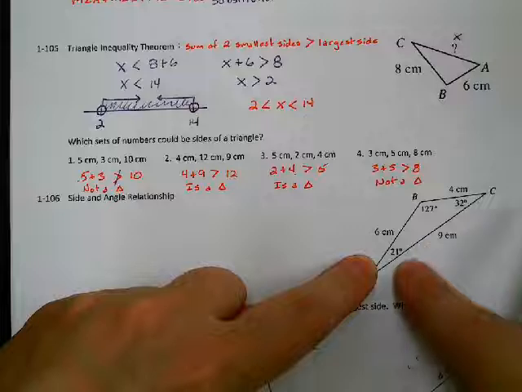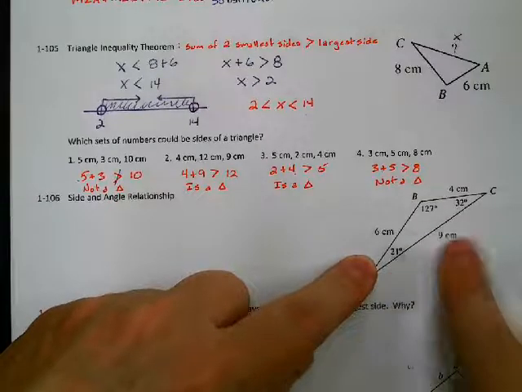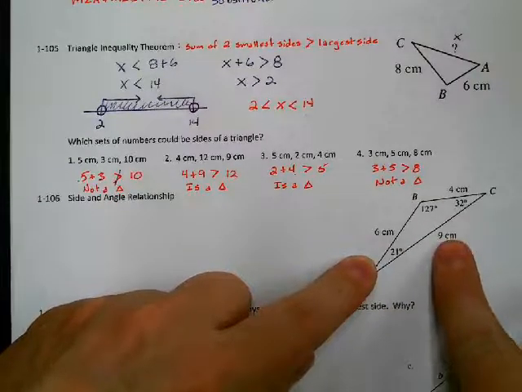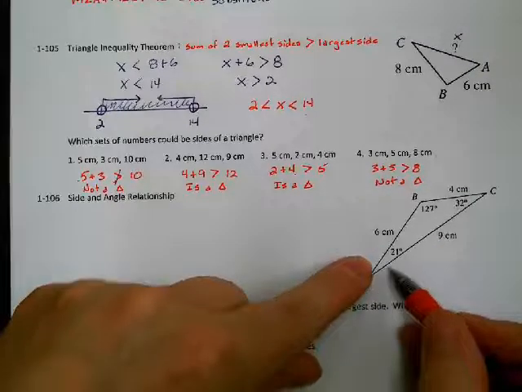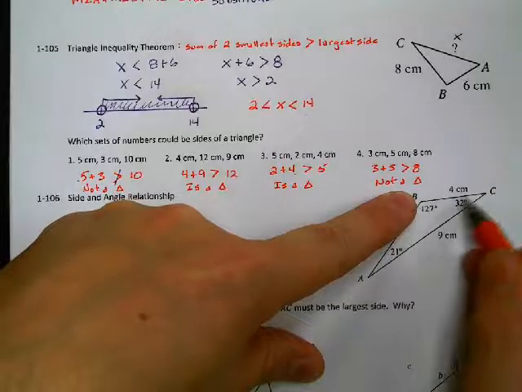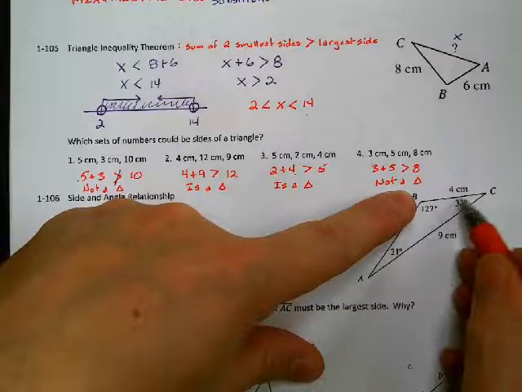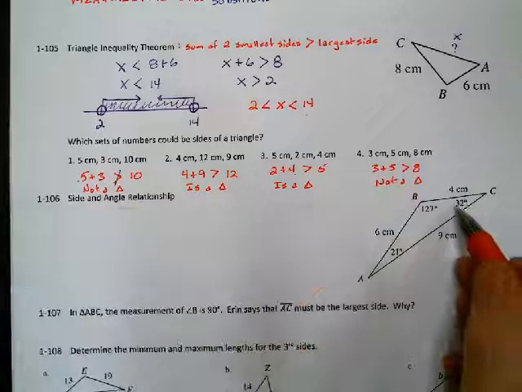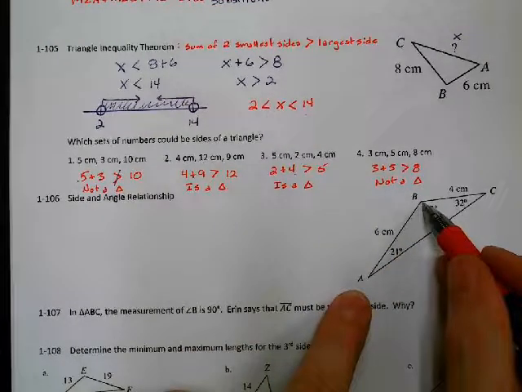That's my biggest angle, and it just so happens that's my biggest side. My smallest angle is 121. Follow it out until the endpoints here. That's my smallest side. So the smallest angle makes your smallest side. This is my medium angle, and if you follow it out over here, the medium angle makes the medium-sized side.